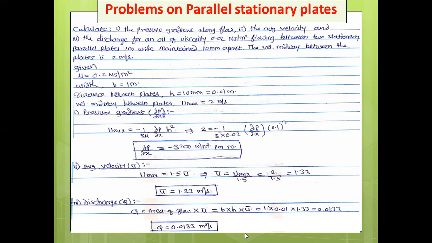So let us first find out the pressure gradient. What is the formula for pressure gradient? Umax is known to us, so we can use the equation of Umax. Umax is equal to minus 1 upon 8 mu dp upon dx into h squared.